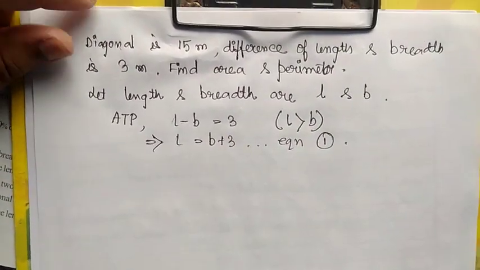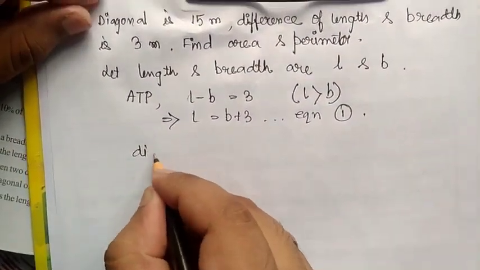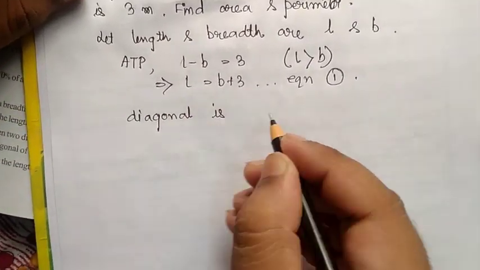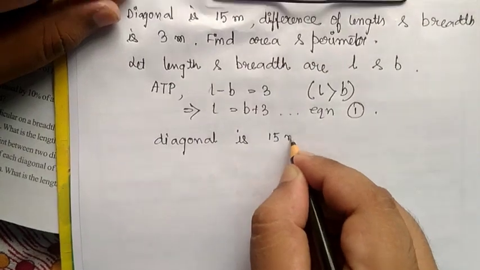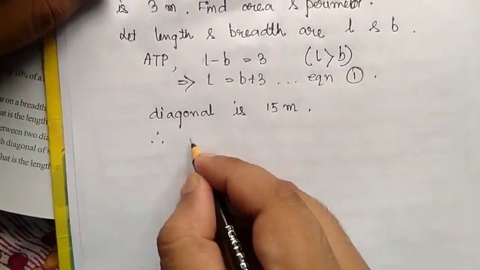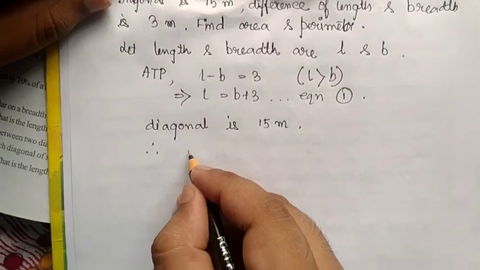Now diagonal is 15 meter. So if diagonal is 15 meter, therefore we can say, what is the formula of diagonal?